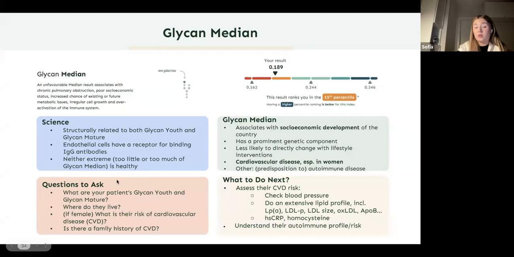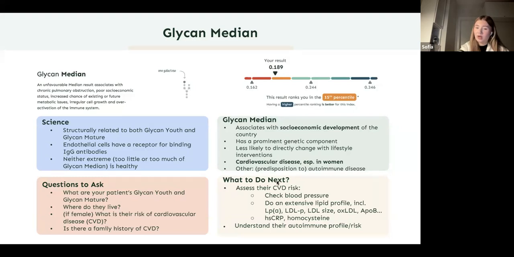Another question would be, where do they live, which ties into the socioeconomic development of the country. If a patient is female, what is their risk of cardiovascular disease, if we are looking at other factors, so their blood pressure, their lipid panel, and so on. And is there a family history of cardiovascular disease?